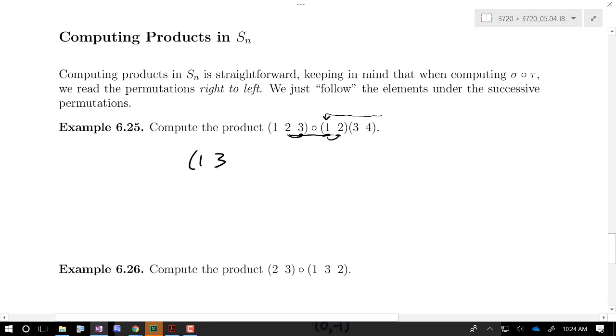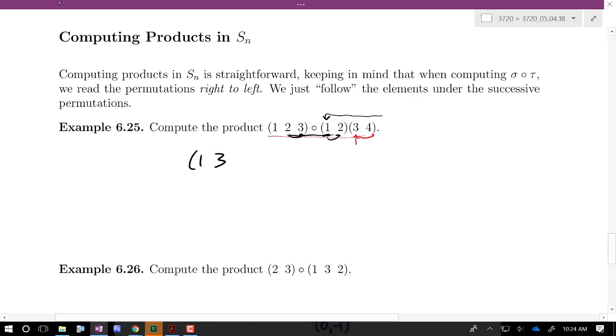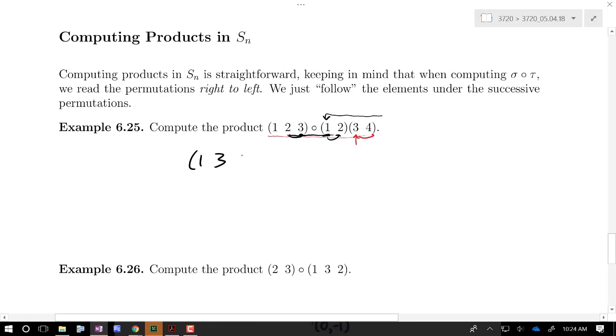Now that I'm at 3, I go again. I start reading backwards until I get to 3. 3 gets sent to 4, and then I go back to see if 4 gets sent anywhere else, and it does not. So 3 gets sent to 4.